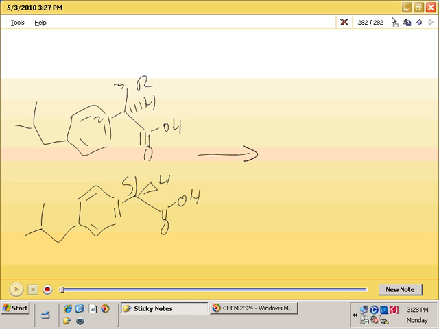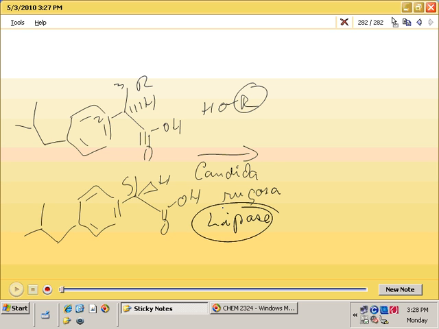And then what he's done is he's used an alcohol, where you have different size alcohols in here, and then used a biological reagent. In this case he used something called Candida rugosa, which is from a fungus, and it's an enzyme called a lipase. This lipase is usually meant to hydrolyze fats and oils.